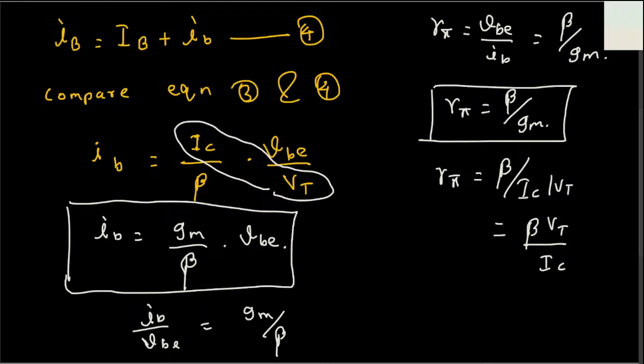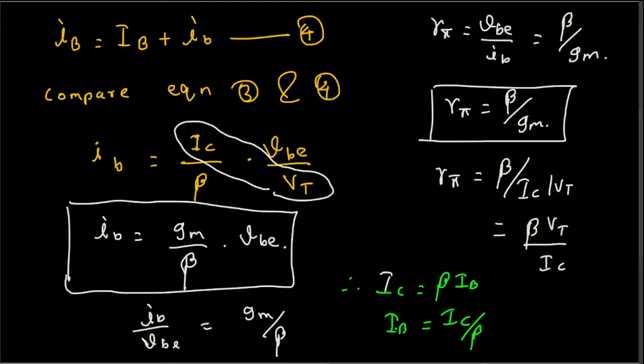And if you look at the relationship between IC and IB, IC is nothing but beta times IB. Therefore IB is equivalent to IC divided by beta, and here we have the opposite of it.